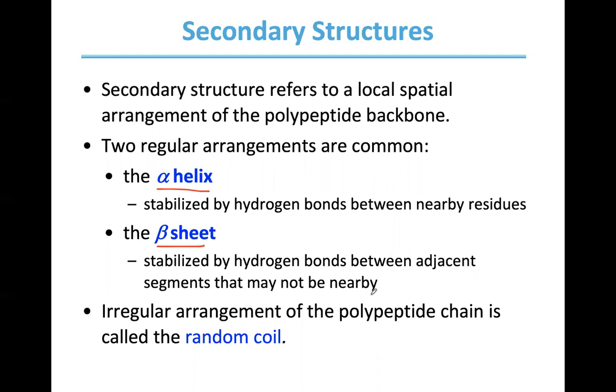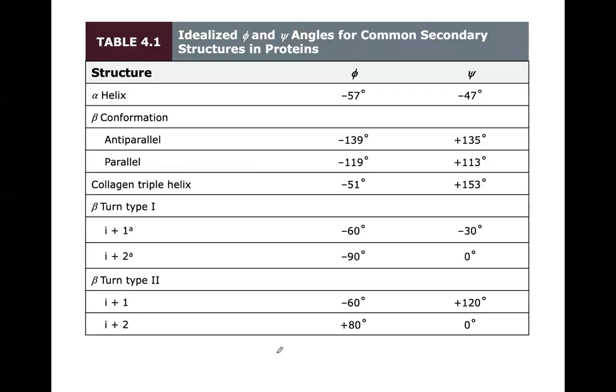If the polypeptide chain is irregular, neither of those two, and doesn't adopt any particular order, we'll call it random coil. Here is the combination of phi and psi for different secondary structures.